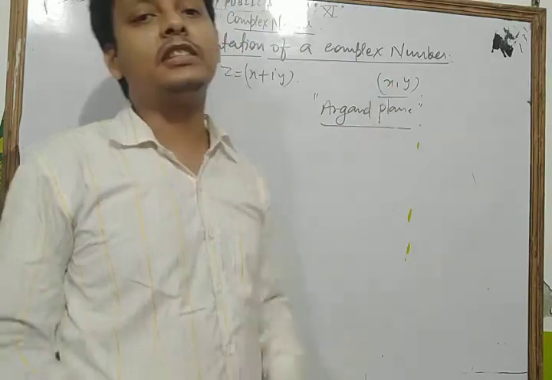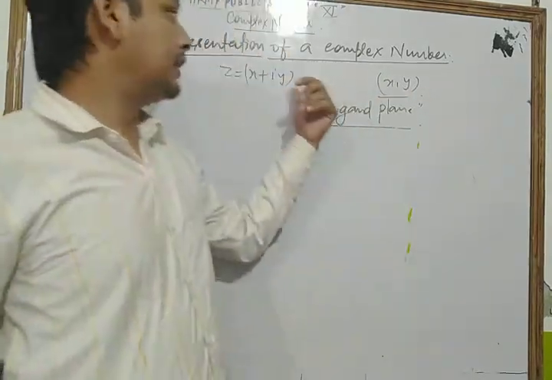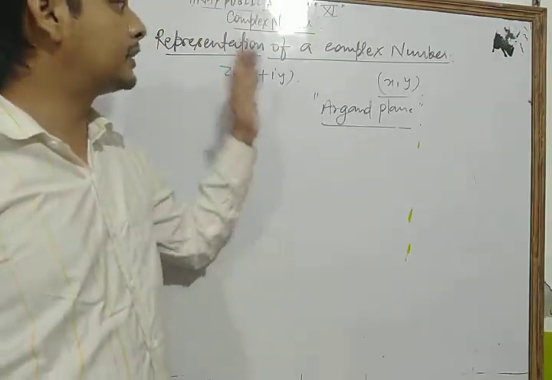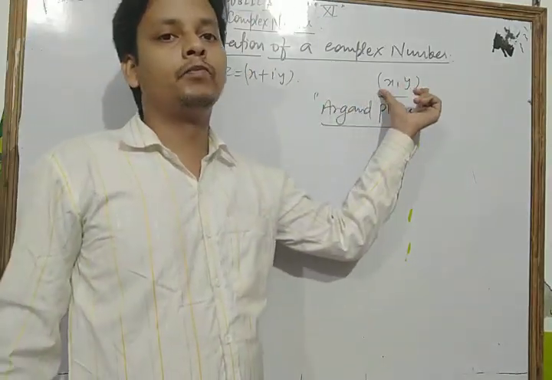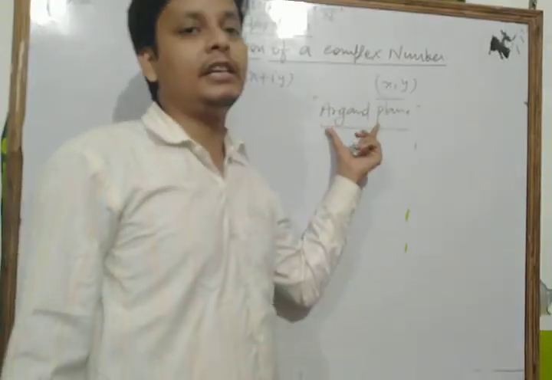Here x is the real part of z and y represents the imaginary part of z. So any complex number can be represented by a point (x, y) on the Argand plane.